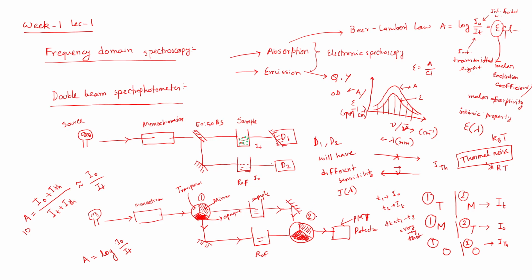Then this problem of two detectors having different sensitivity can be avoided. I hope this is clear, right? Is it clear? Yes, sir. Okay. If it is not clear, you can always ask me in the discussion forum.